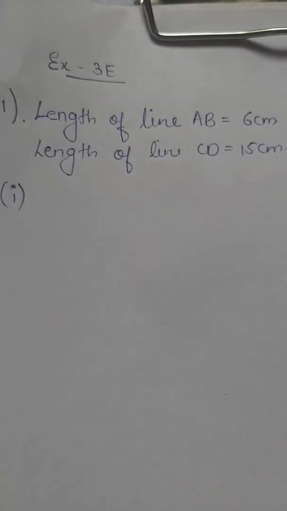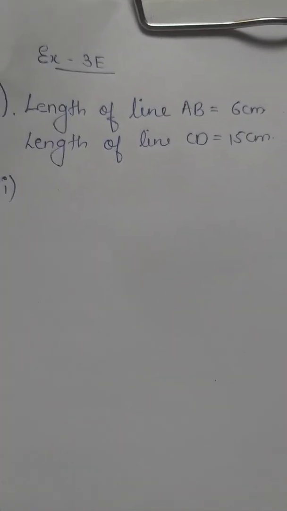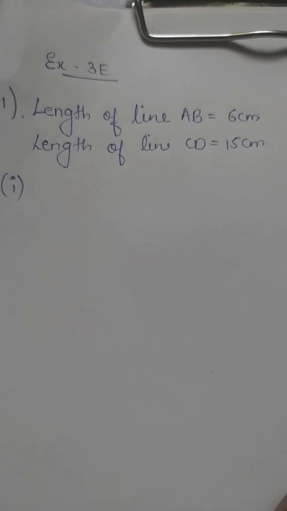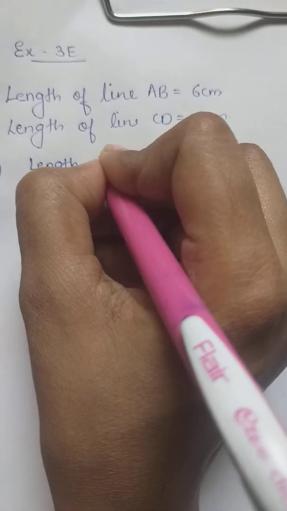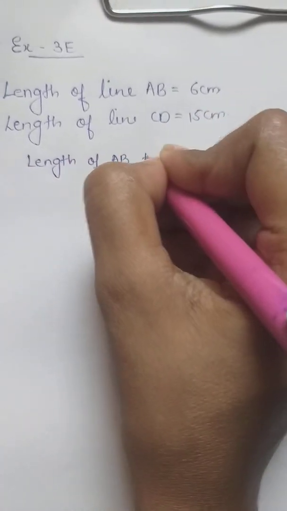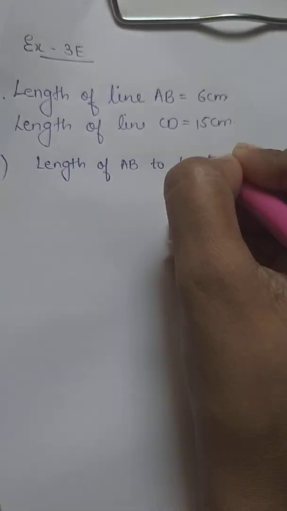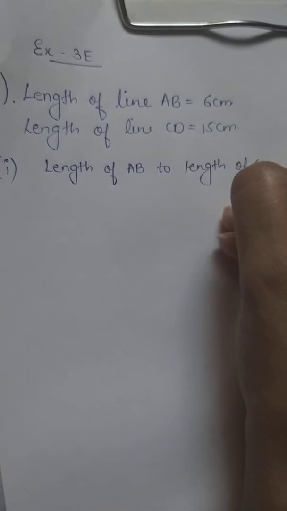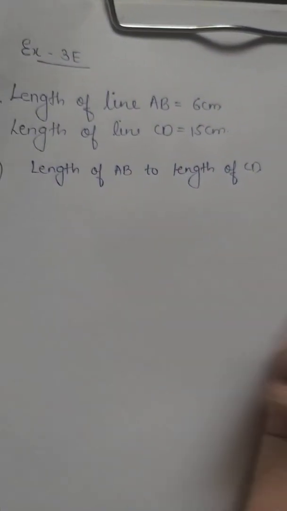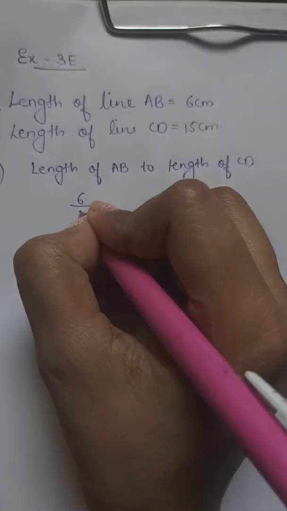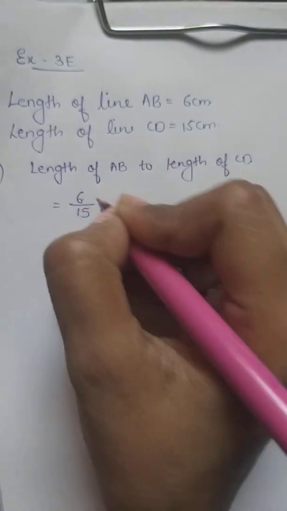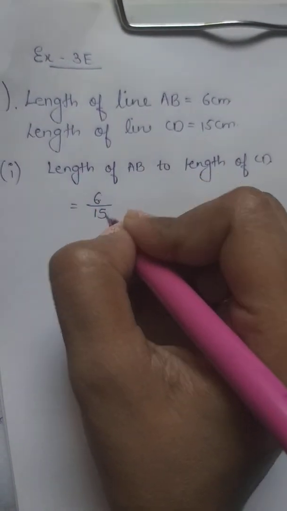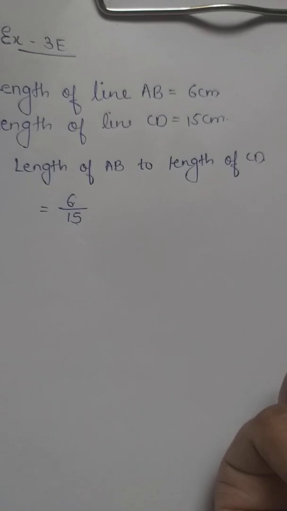The first term was the length of AB to the length of CD. So AB is 6 by 15. AB 6 and CD 15. So 6 by 15, we have written in a fraction.